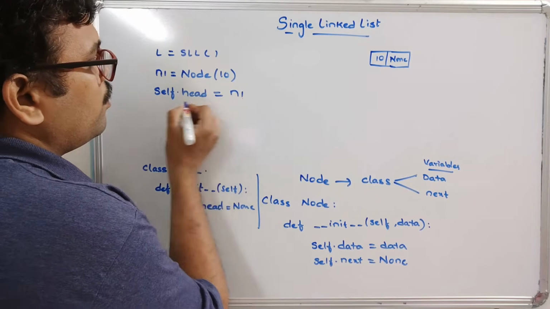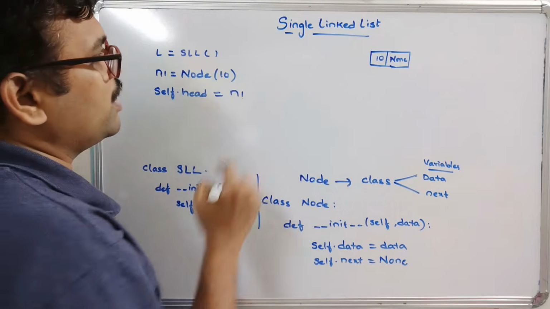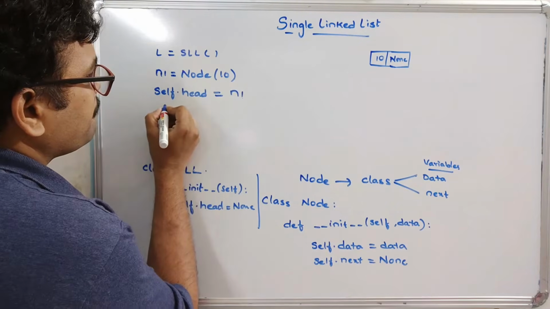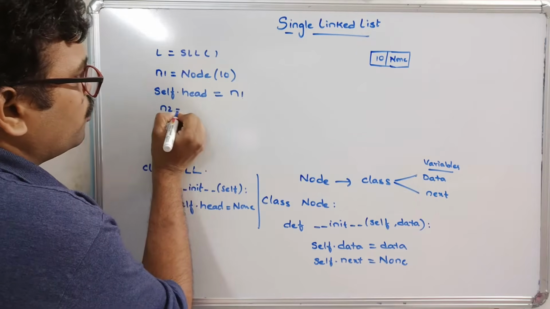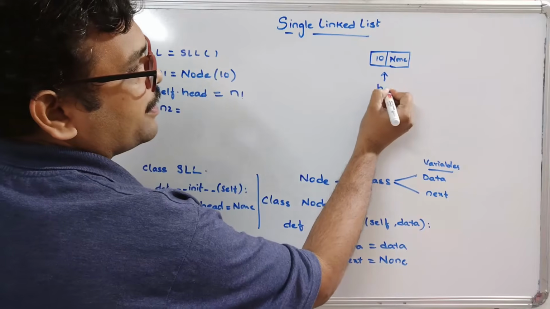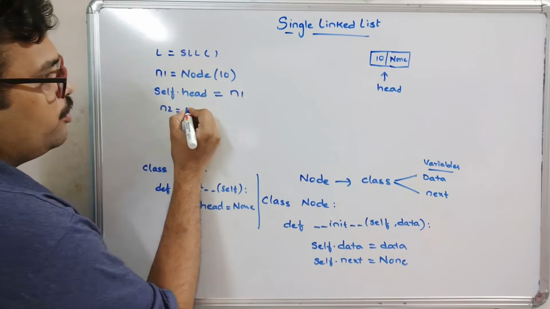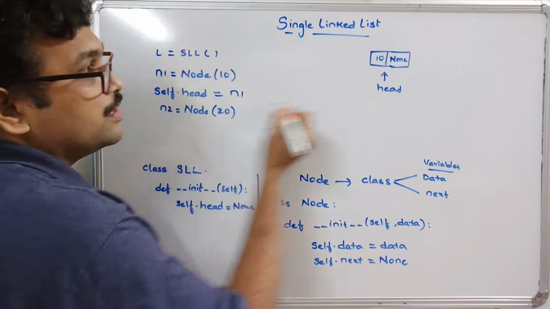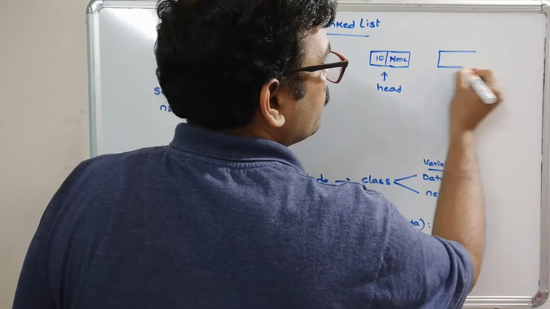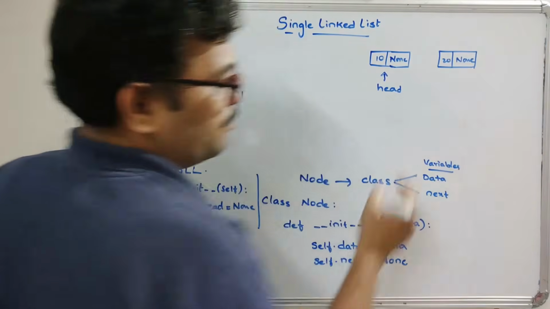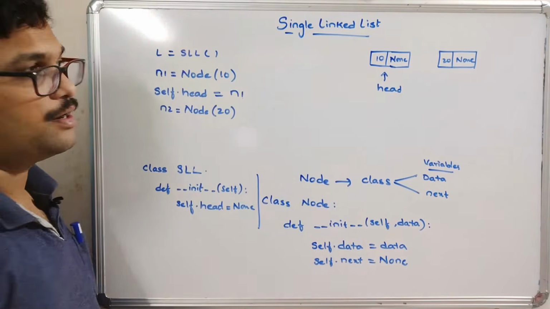Now what about the next one? Create one more node. N2 is equal to Node of 20. So one more node is created here with 20, and by default it is None because self.next is None.